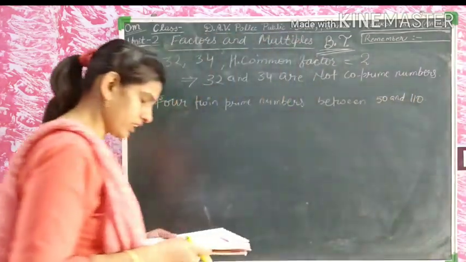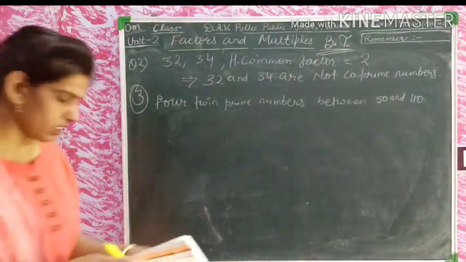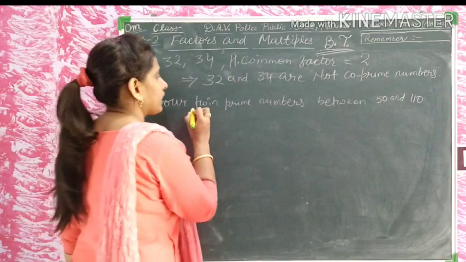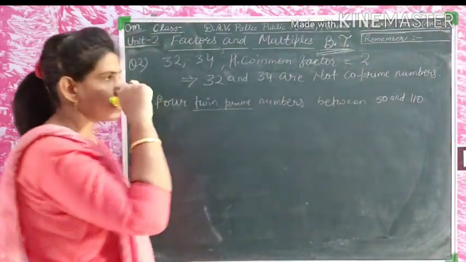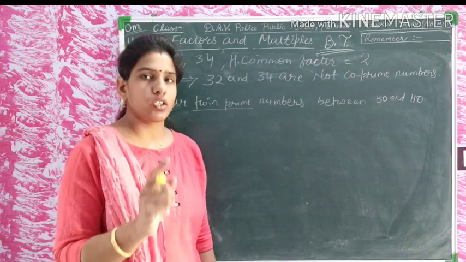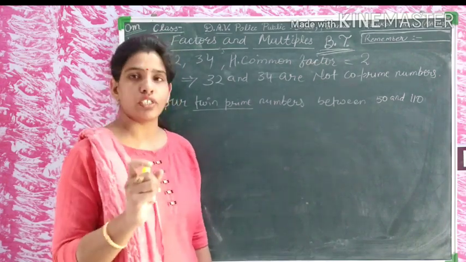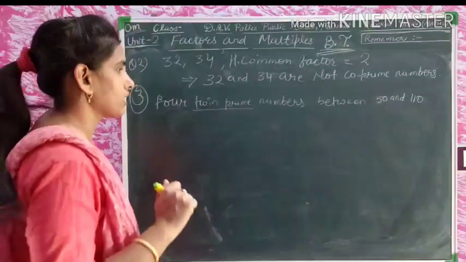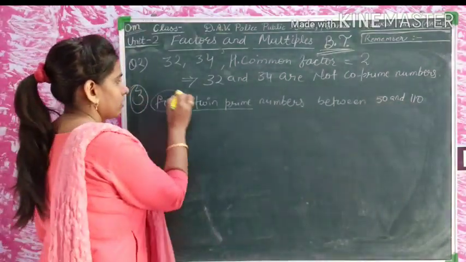In twin prime numbers we take prime numbers that are consecutive primes, and their difference is 2. We have to find twin prime numbers like this, 4 pairs.